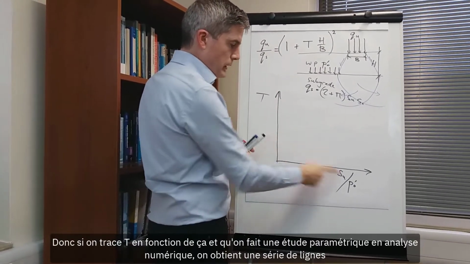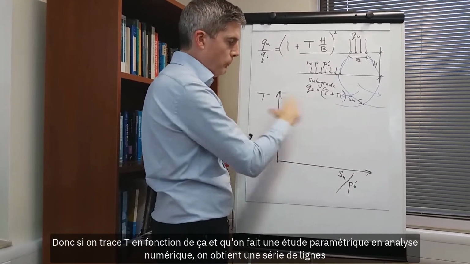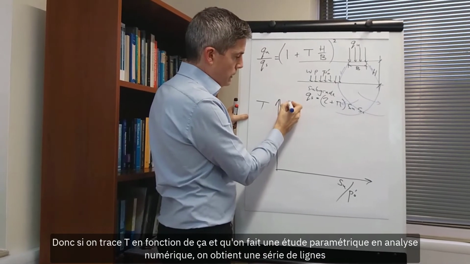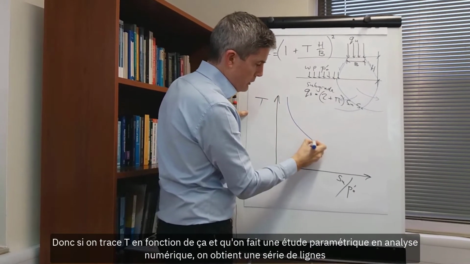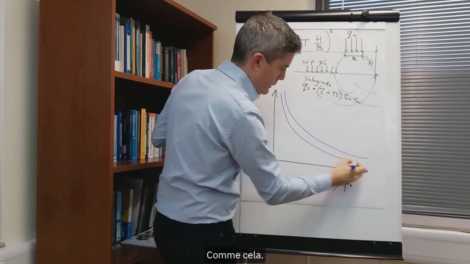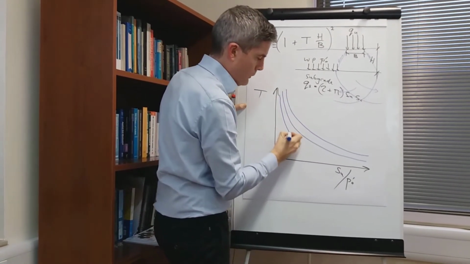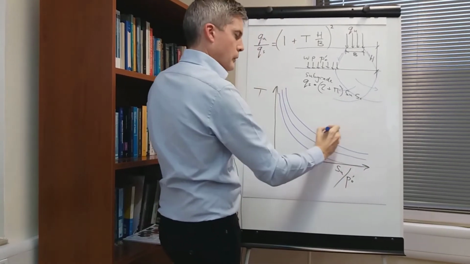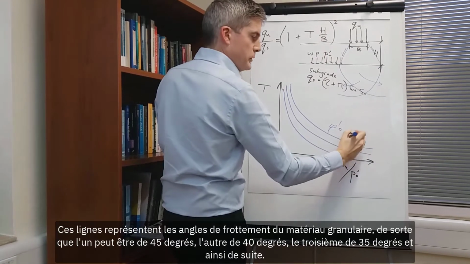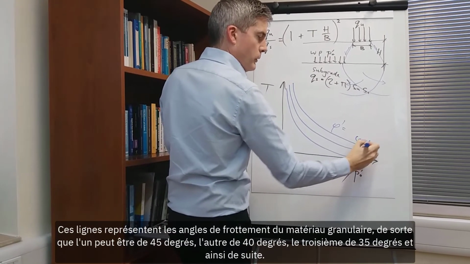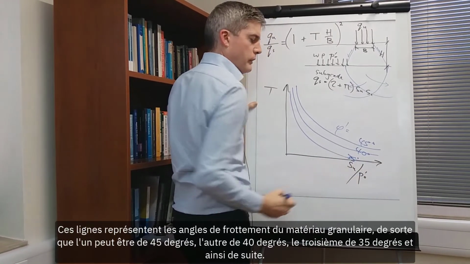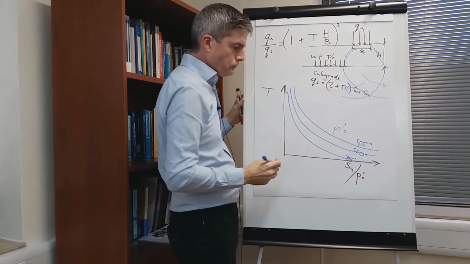So if we plot T against that and do a parametric study in numerical analysis, we get a series of lines like that, where those lines are the friction angles of the granular material. So that one maybe 45 degrees, that one 40 degrees, that one 35 degrees, and so on.